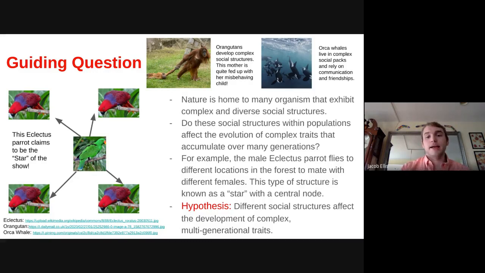As I said before, but didn't necessarily state as the hypothesis, our hypothesis was that these different social structures affect the development of these multi-generational traits.